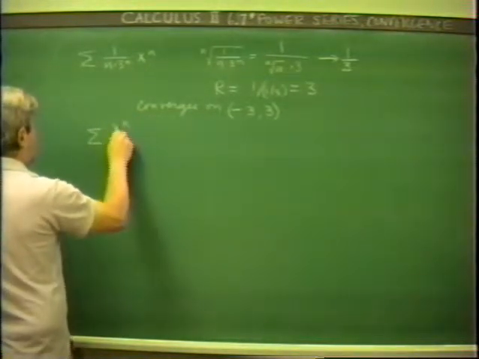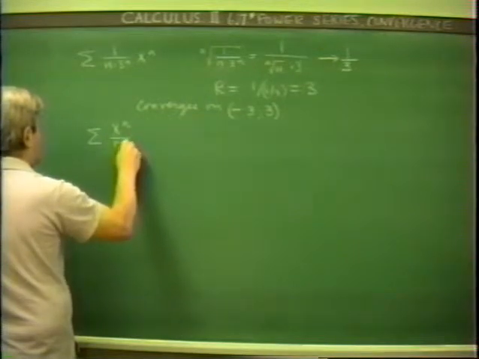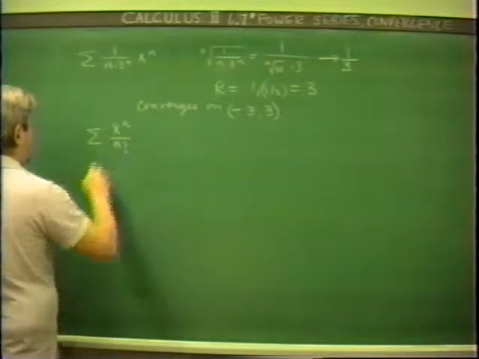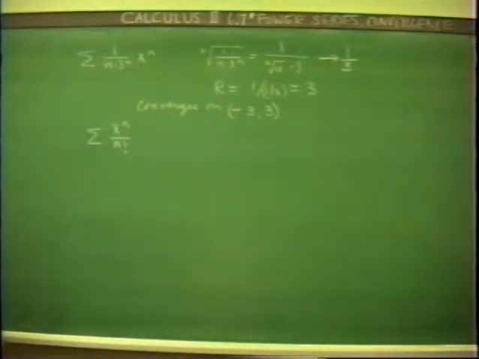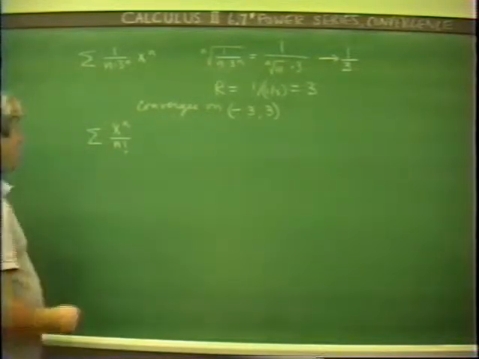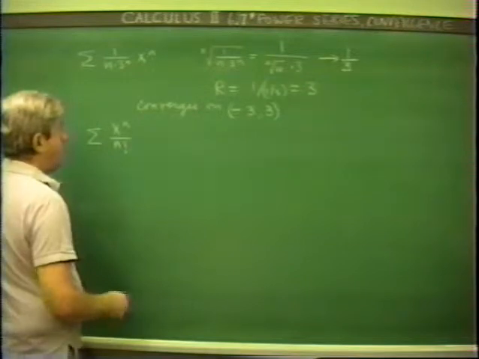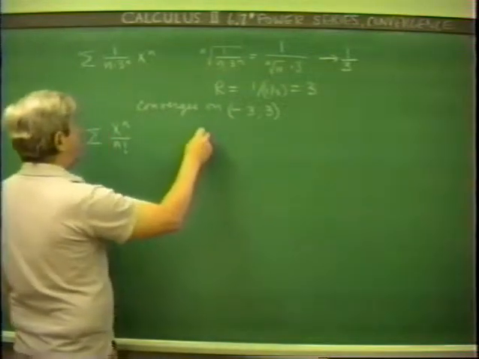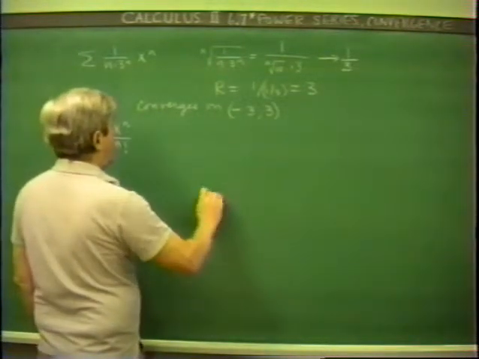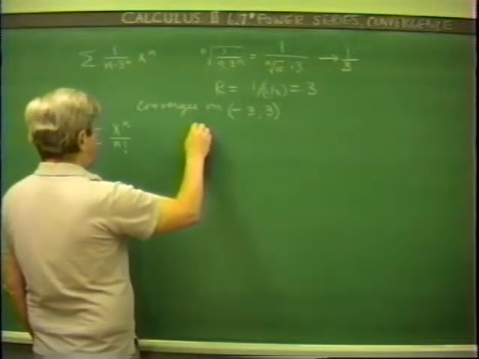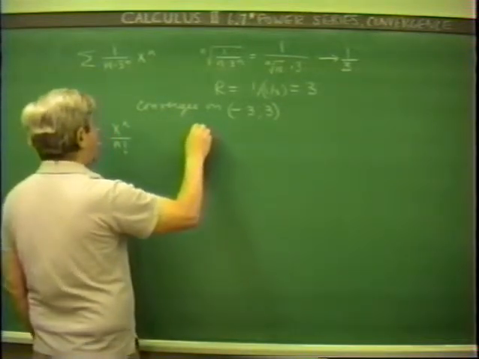All right, let's look at another one here. Let's look at the series for e to the x, the sum of x to the n over n factorial. And here what we're going to do is use the ratio test because it's easier, and it'll get us the same result. That's to say, when does this converge?